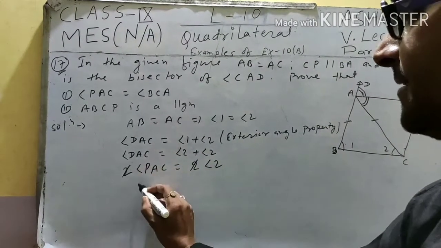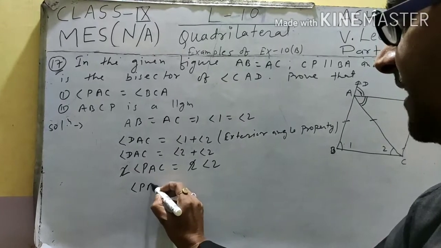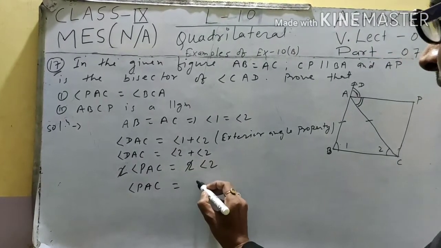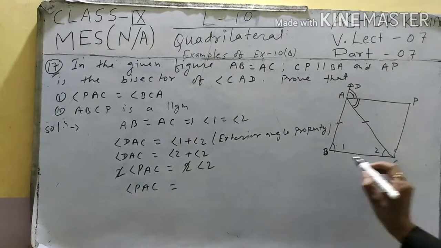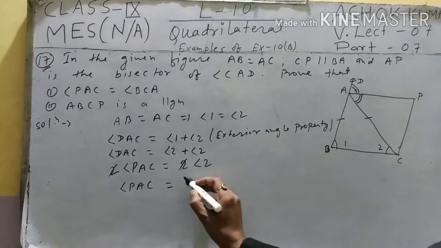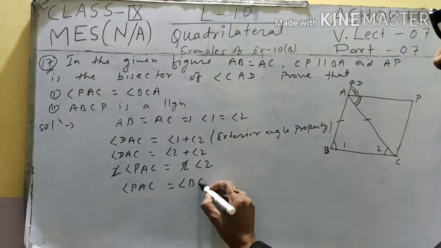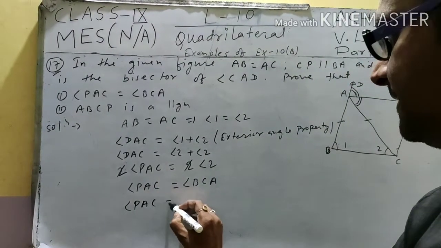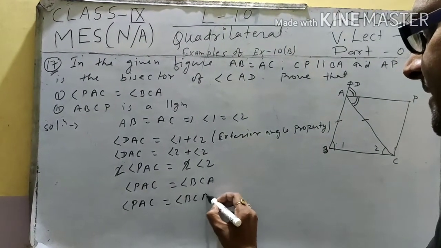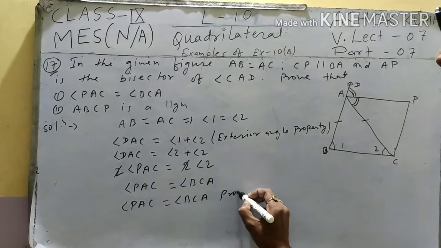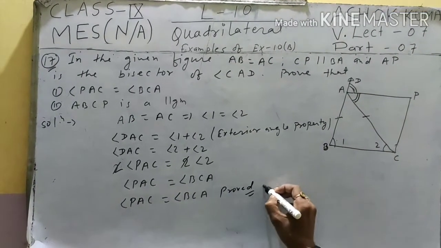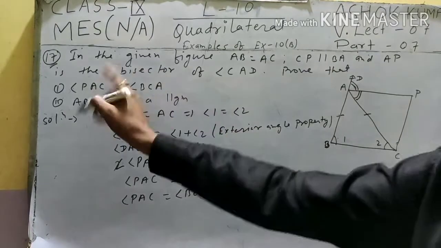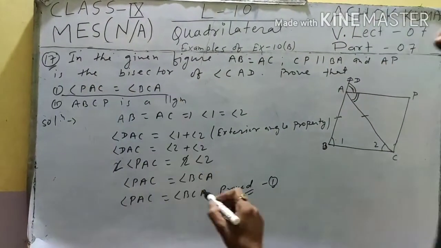Here 2 is cancelled, so angle PAC is equal to angle 2. Angle 2 can be written as angle BCA. So PAC is equal to angle BCA. This is the first one proved.